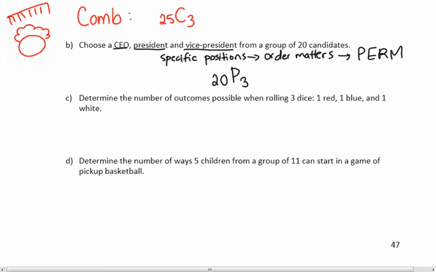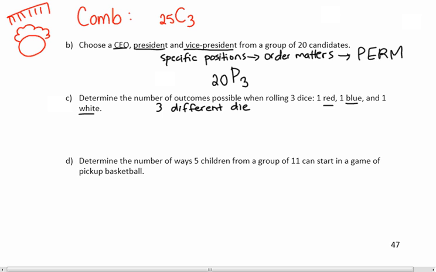The number of outcomes possible when rolling 3 dice, 1 red, 1 blue, and 1 white. So the key here is that we distinguish which die is which color. There are 3 different dice. Right?